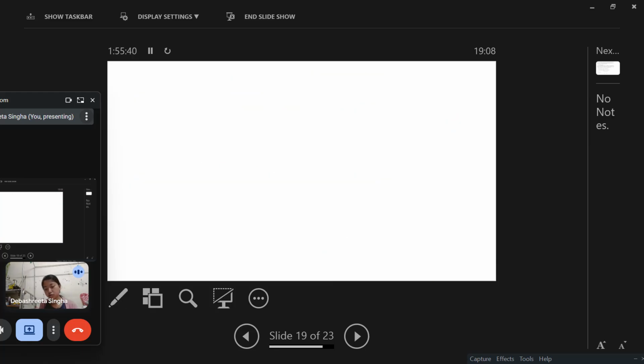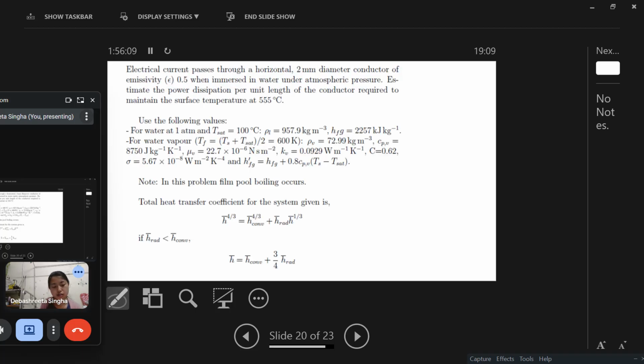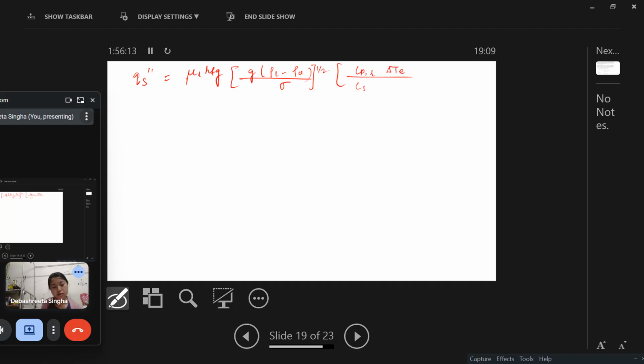So again here we use the Rohsenow equation. The Rohsenow equation will give mu_L h_fg times [g(rho_L minus rho_V) divided by sigma] to the power half, times [C_PL times delta T_e divided by C_sf times h_fg times Prandtl number to the power n], whole to the power 3. So you have to calculate the surface temperature.